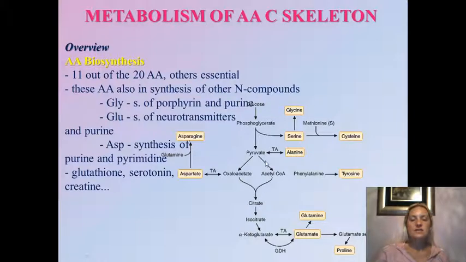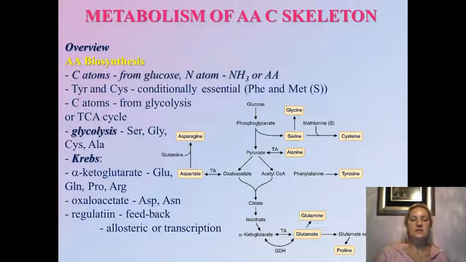So you can see that from different intermediates of carbohydrate metabolism and fatty acid metabolism, we can synthesize certain amino acids. So definitely the carbon atoms in amino acids originate from glucose, and the nitrogen atom is donated from either ammonia or from another amino acid.